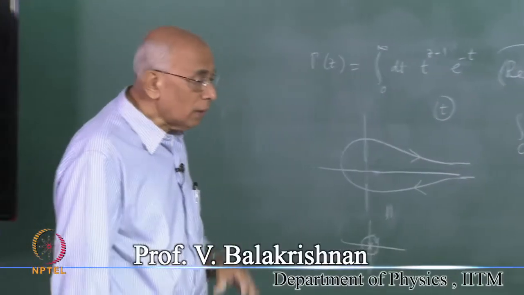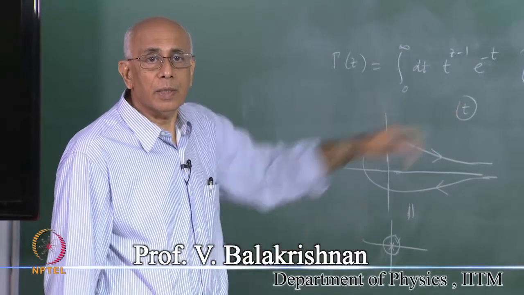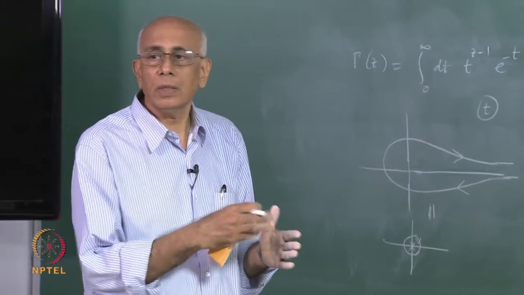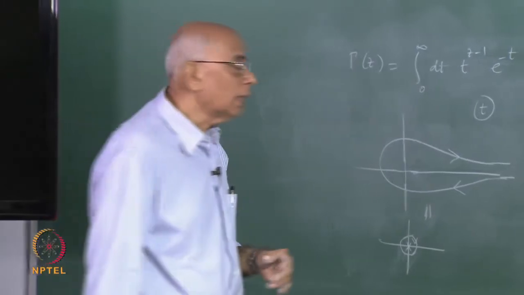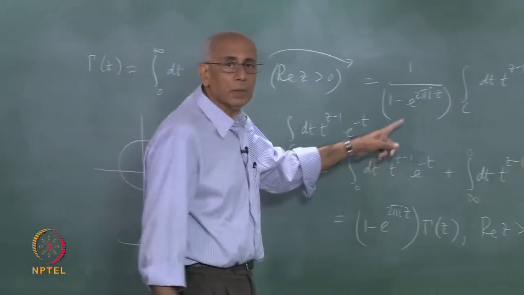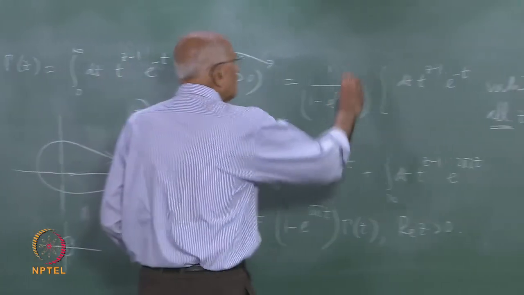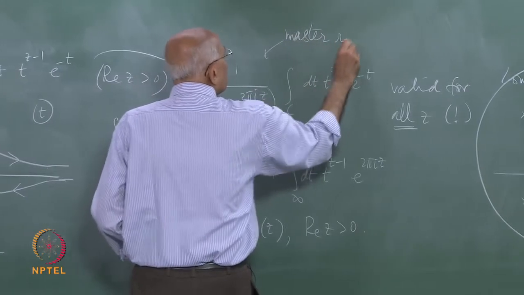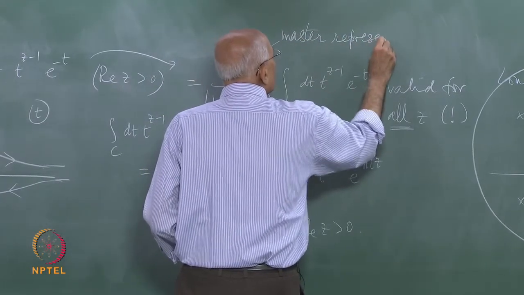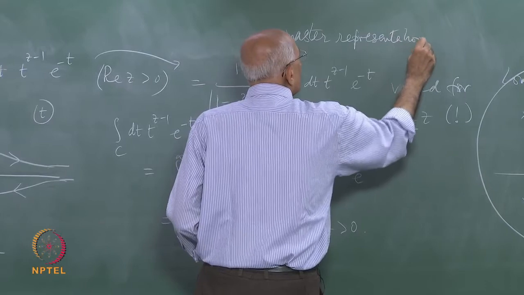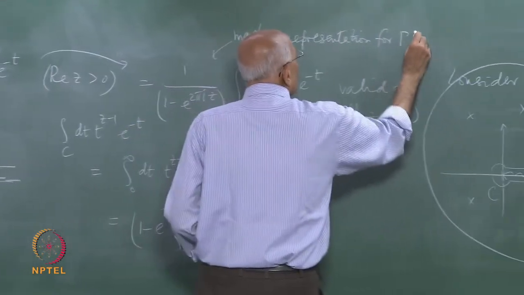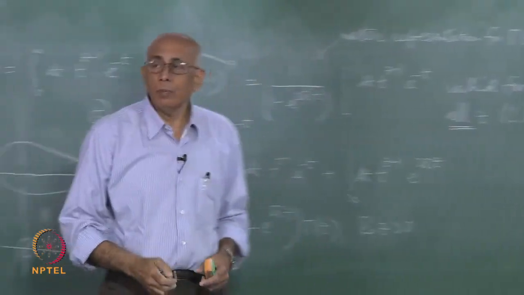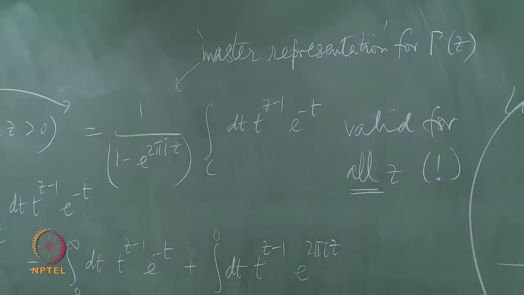But for other values of z, this is a representation. For arbitrarily large values of real z on the positive or the negative side, it does not matter, it is still a representation. So if you like, this is a master representation from which you can write down the value of gamma of z for all z.